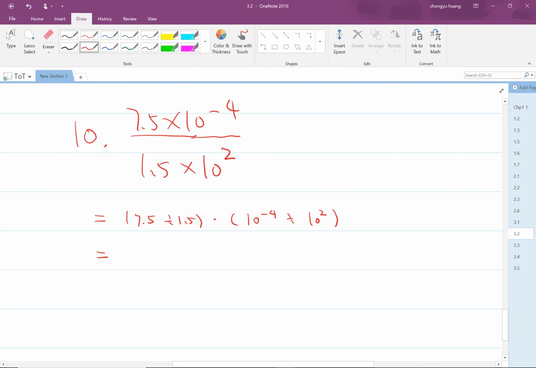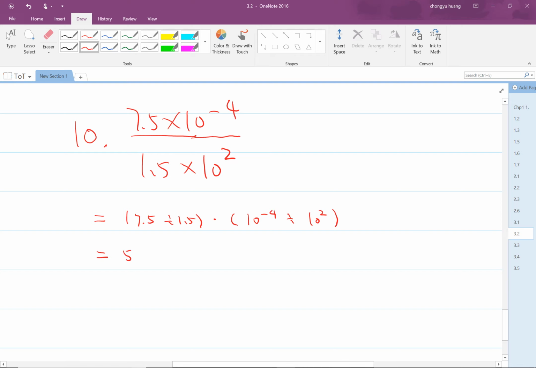As I said before, over here we have to do the calculation. 7.5 divided by 1.5 is equal to 5, so you write down 5.